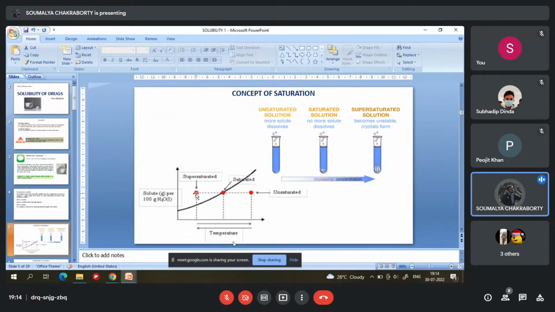With the same concentration, if we do nothing and just increase the temperature, you can see the system will shift from supersaturated to saturation condition. If we increase the temperature further, the system will shift from saturation to unsaturated condition. At this temperature, the saturation concentration will be at this point, and beyond this point, supersaturation will occur. So any doubt?